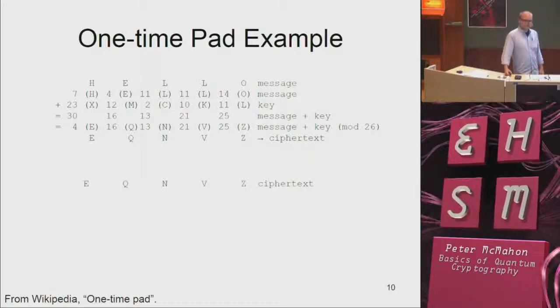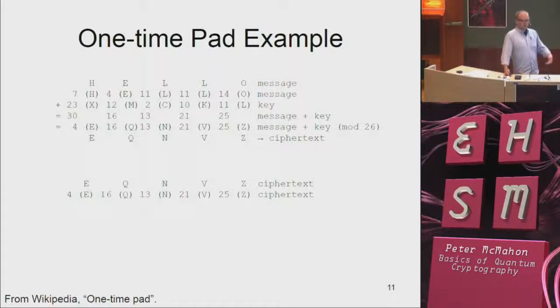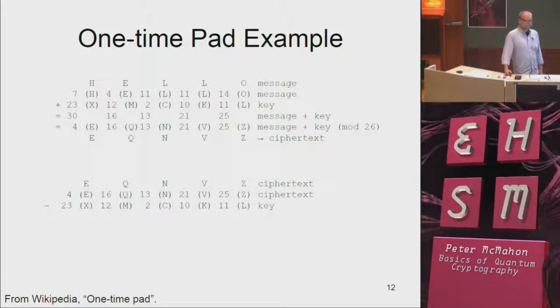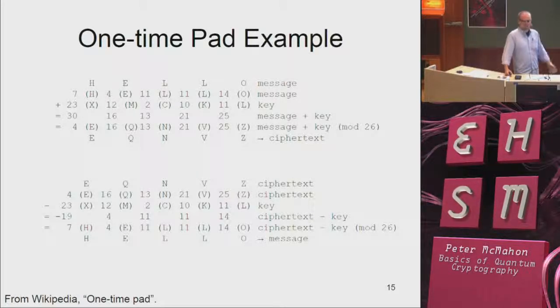So how does the decryption side of things work? Well, if you start with the ciphertext, which of course has this number encoding, you then subtract the key, and you perform modular arithmetic again, and you basically end up getting your message out again. So okay, this scheme performs as you would expect. You can encrypt a message and you can decrypt it.